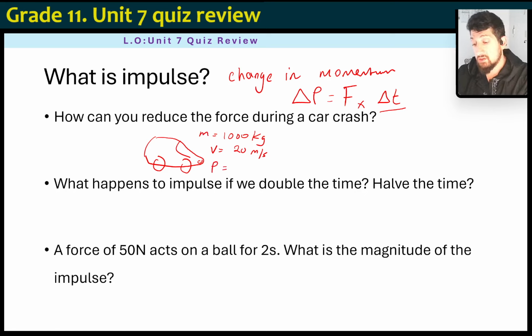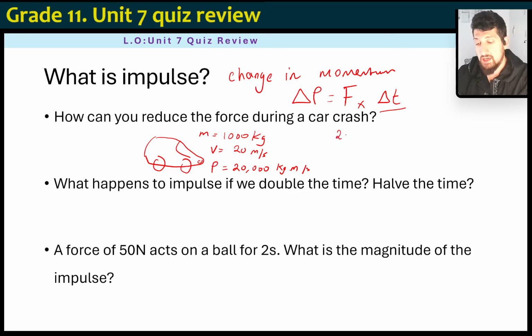The momentum is going to be 20,000 kilograms dot meters per second. That's obvious, I think. And the momentum after is going to be zero because the final velocity is going to be zero. So the change in momentum or impulse is going to be equal to 20,000.